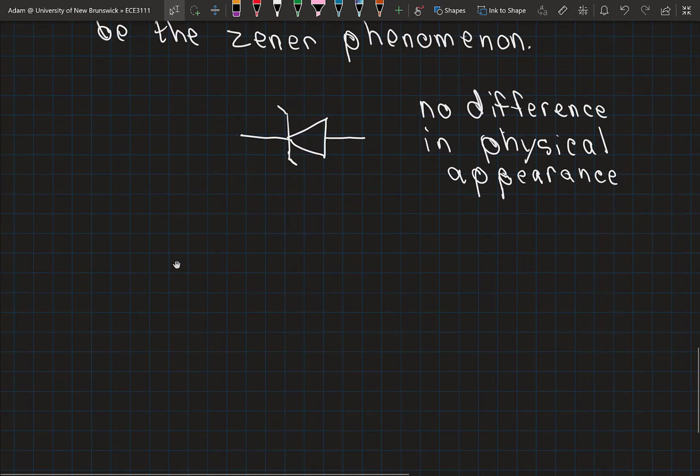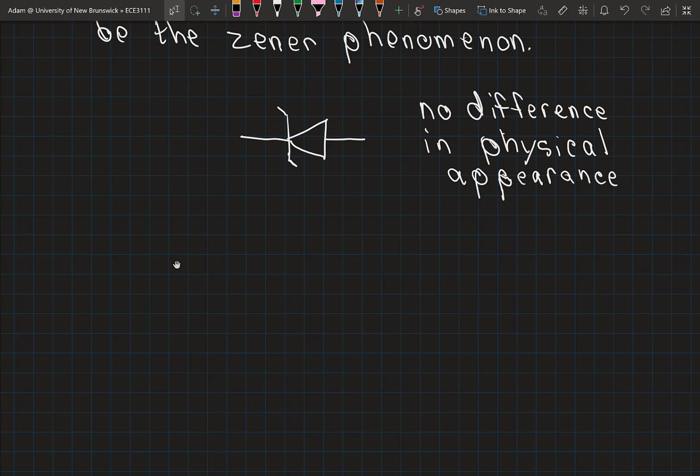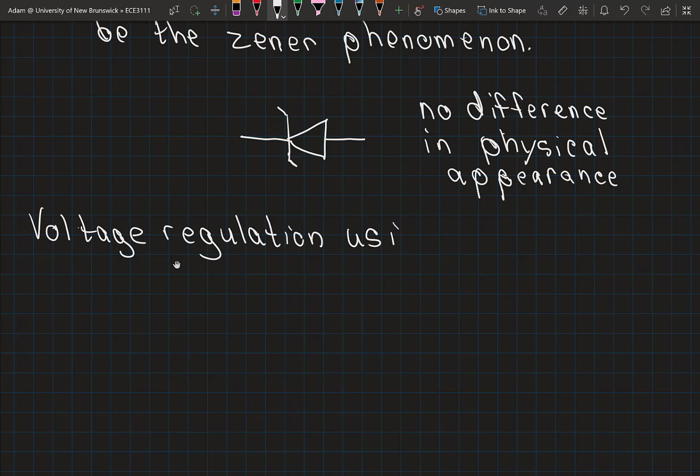I want to talk just briefly about a common application for a Zener diode, which is to use it for voltage regulation. We often don't use a discrete Zener diode to do this.